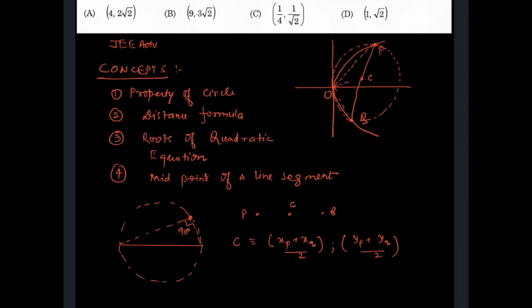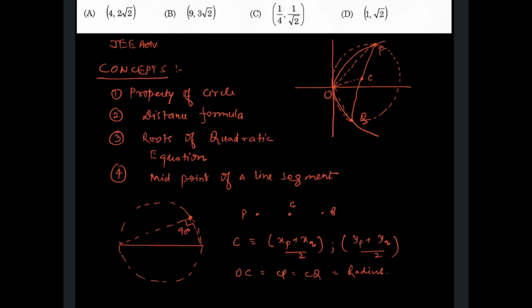And if we join OC, then OC is equal to CP is equal to CQ, which is nothing but the radius of the circle.